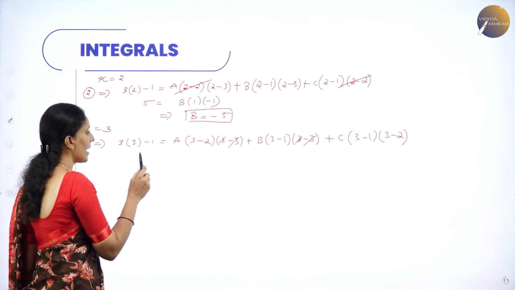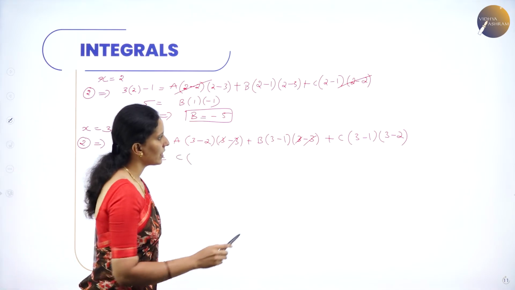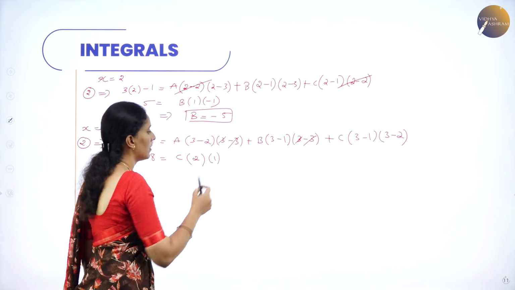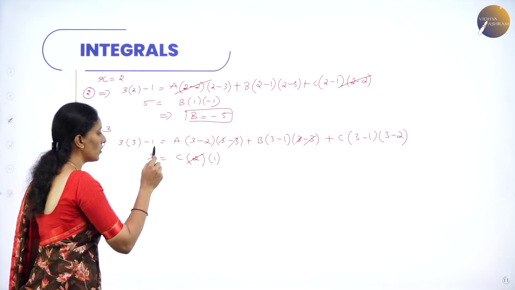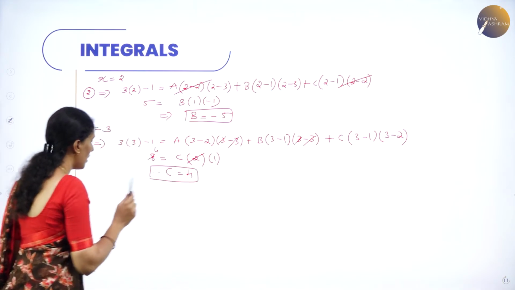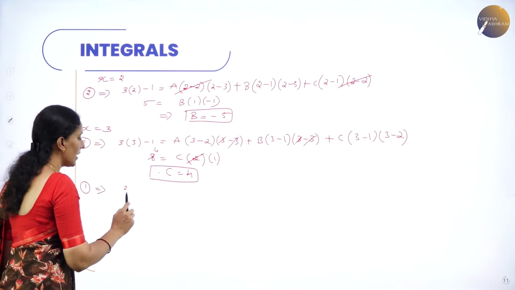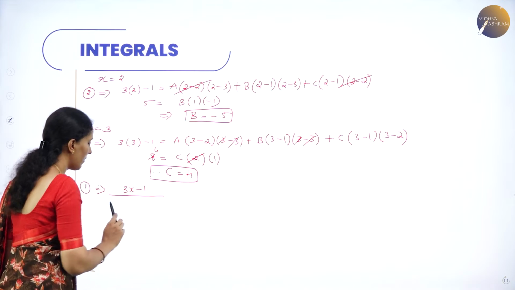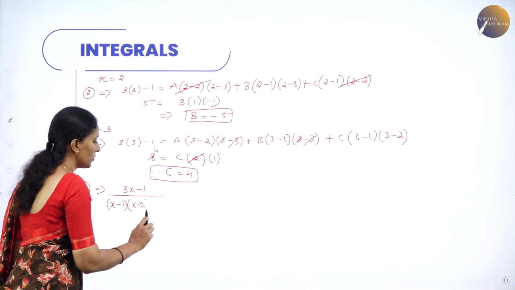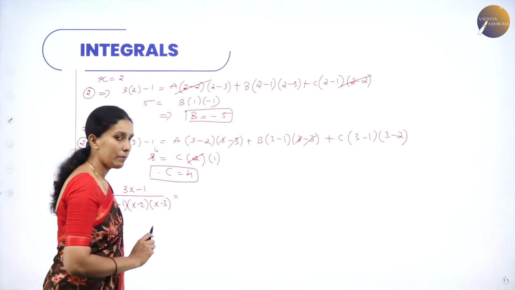Here 3 threes are 9, 9 minus 1 is 8. c into, so 3 minus 1 is 2, 3 minus 2 is 1. So we can cancel, 2 fours are 8. Therefore c is equal to 4. Now equation 1 implies that 3x minus 1 divided by x minus 1, x minus 2, x minus 3 can be written as a divided by x minus 1.